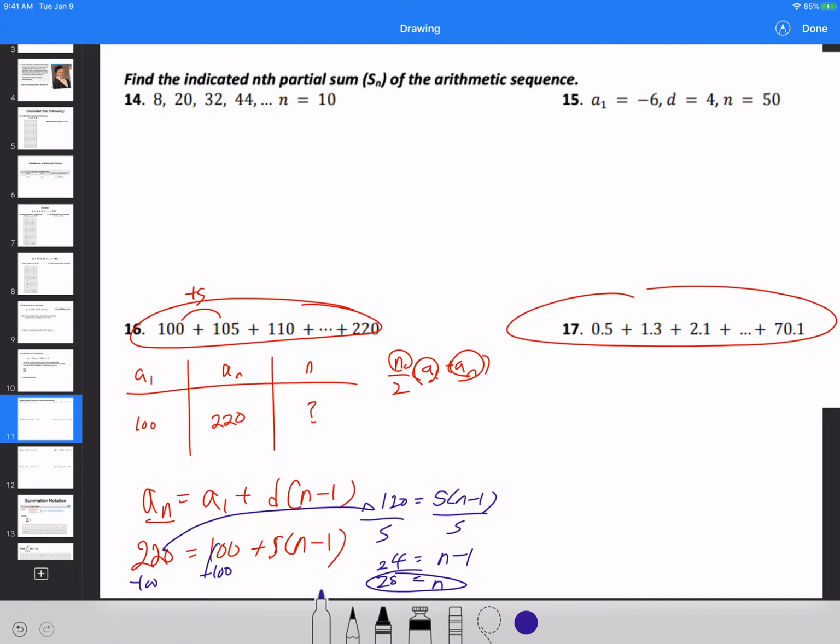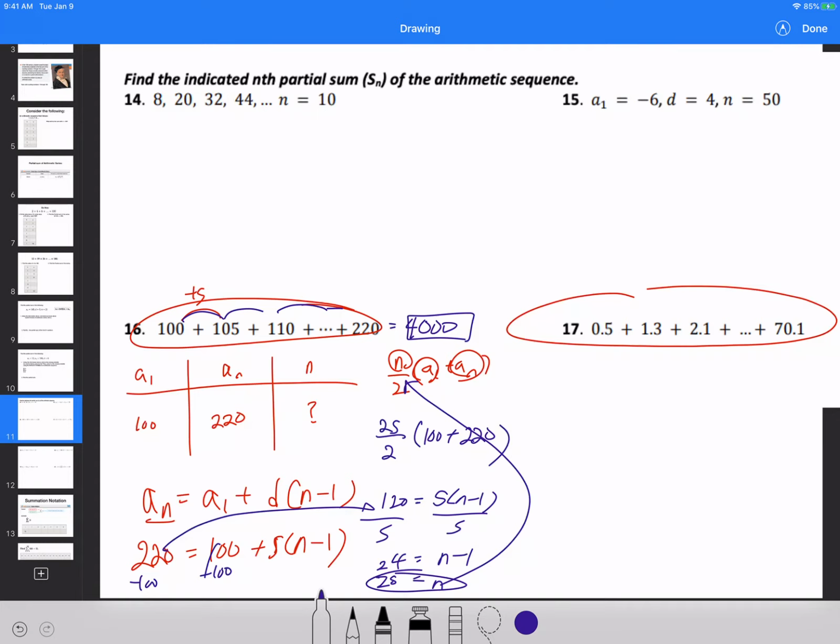Okay? So once I know my n, I can plug it in and say 25 over 2 times 100 plus 220. And once you type that in your calculator, you should be able to get 4,000 in total. We are not going to add this over and over again to get the answer.